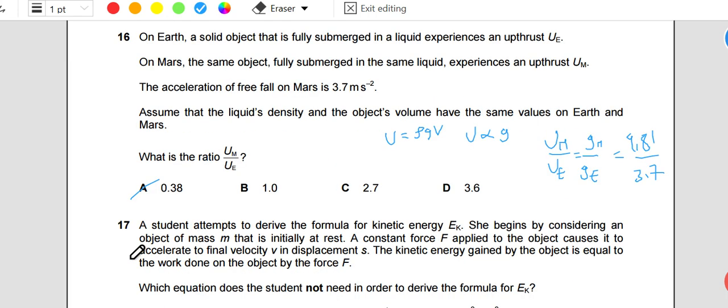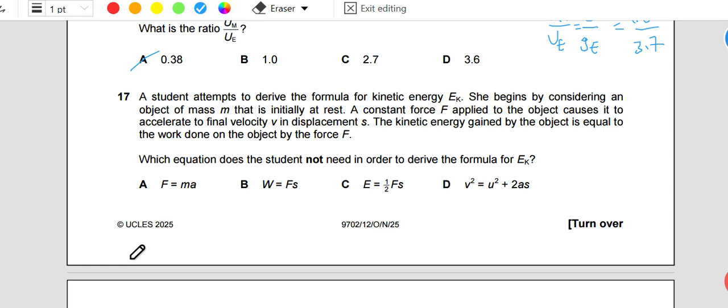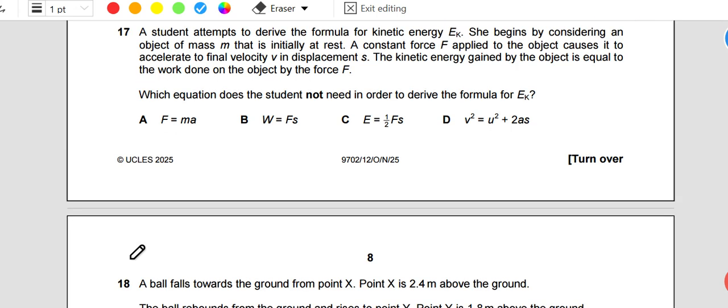A student attempts to derive the formula for kinetic energy. She begins by considering an object of mass m that is initially at rest. A constant force F applied to the object causes it to accelerate to final velocity v in displacement s.